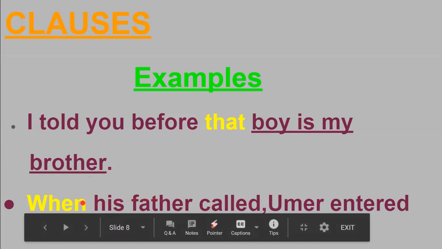Why? Because it is starting with a conjunction firstly, and secondly, "when his father called" is dependent on the second part of the sentence, the independent clause or main clause.